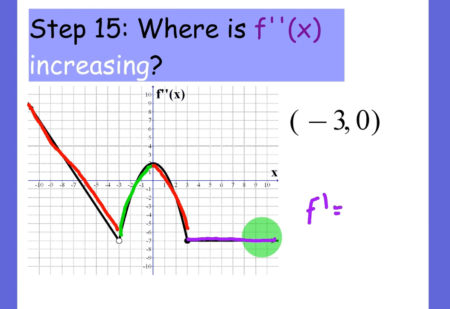Okay? It will be a line. So whenever f double prime is flat, f prime will be a line.